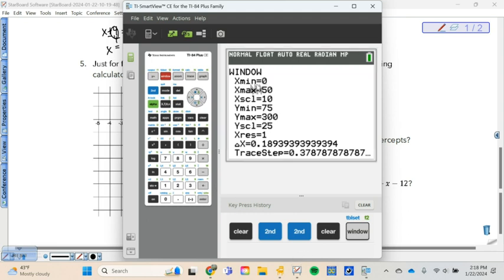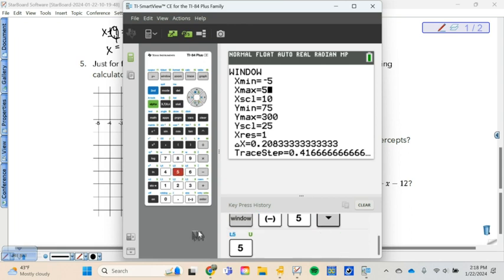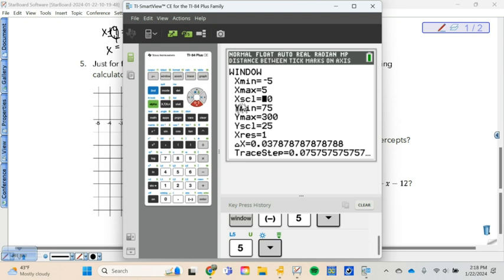So my x min, my minimum x value, is going to be negative 5. And my x max, the maximum x value, is going to be positive 5. And then it says x scale. So what am I counting by on the x-axis? Am I counting by ones, by twos, by tens? Yeah, just by ones. So my x scale is 1.